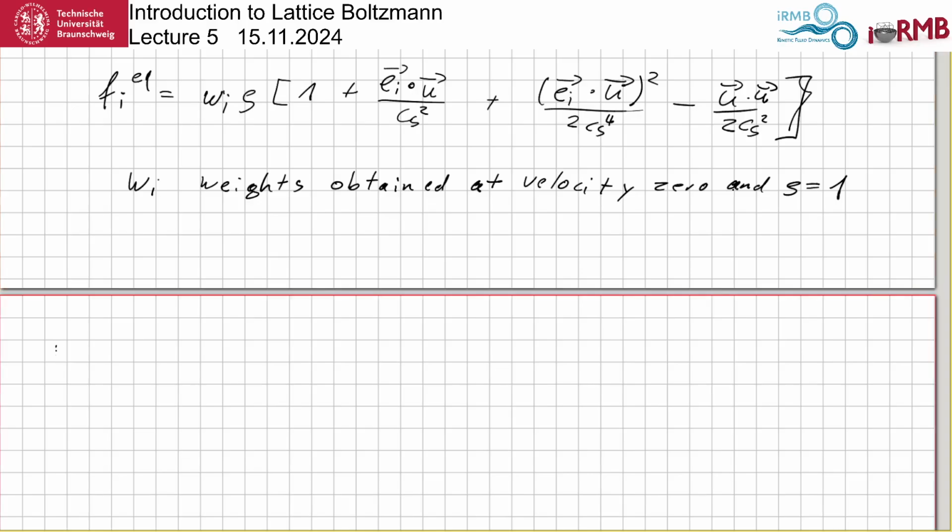So the reason why Pierre Lallemand told me to use this is that it is an isotropic equilibrium, for whatever it's good.